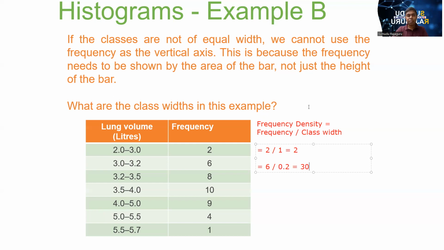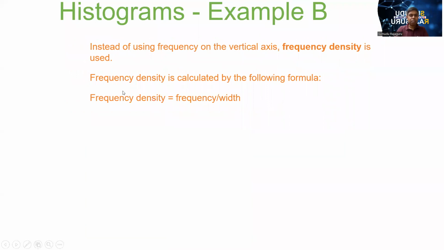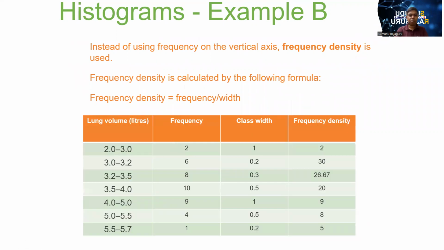And this is the equation: frequency density is equal to frequency divided by width. You can see here, these are the frequencies, these are the class widths. Then frequency divided by class width gives the frequency density, like 2, 30, like that.